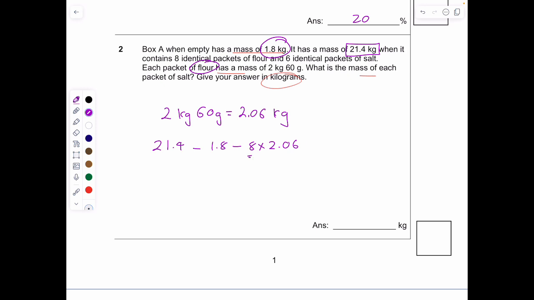Why do we have to multiply by 8? Because there are 8 packets of flour, each of them weighing 2.06 kg. And you get 3.12 kg. Now this 3.12 kg refers to the 6 identical packets of salt. So we need to divide by 6 and my answer would be 0.52 kg.